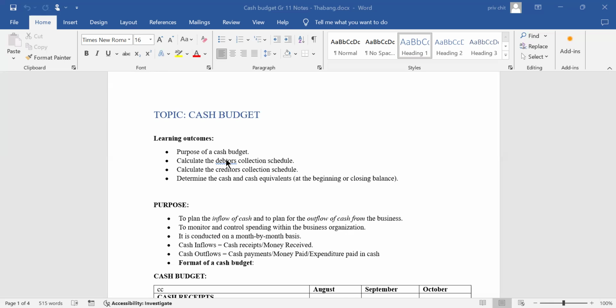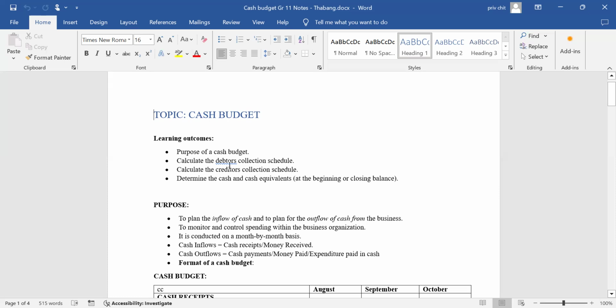What are those calculations? Amongst others, it involves being able to calculate the debtors' collection schedule. I'll show you how to do it. Then you also should be able to calculate the creditors' payment schedule. I'll also show you how that operates.